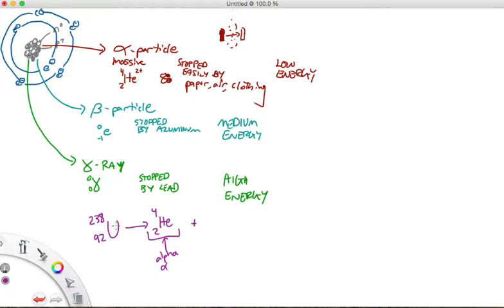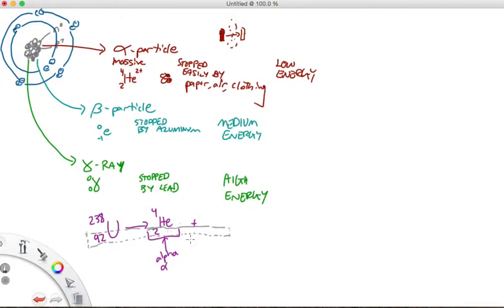Well, the way you figure this out is fairly simple. You take a look. This is the atomic number down here. And you say, okay, well, on this side of this chemical reaction, we've got 92 as our total number of protons.